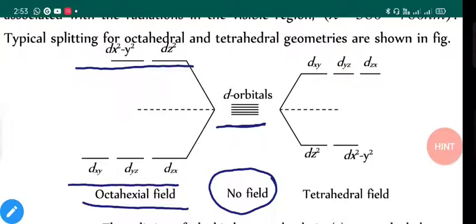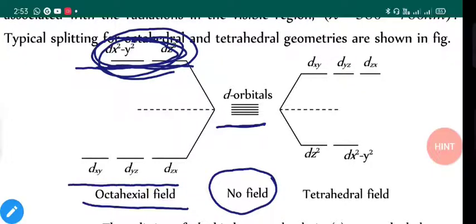Similarly, two of the d orbitals, x square minus y square and z square, are also present on the axes. Because of the presence of ligand electrons on the axes, these two on-axis orbitals will feel higher repulsion, and because of that their energies will increase.